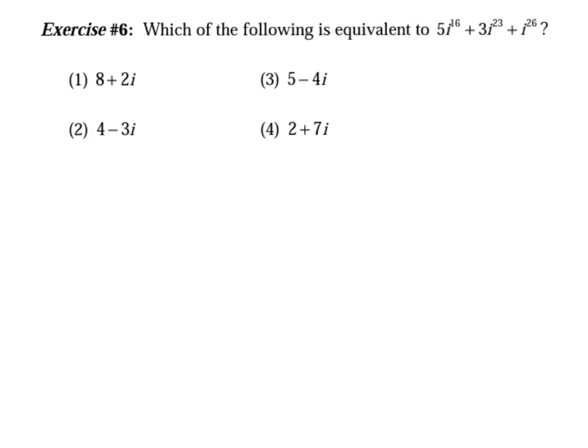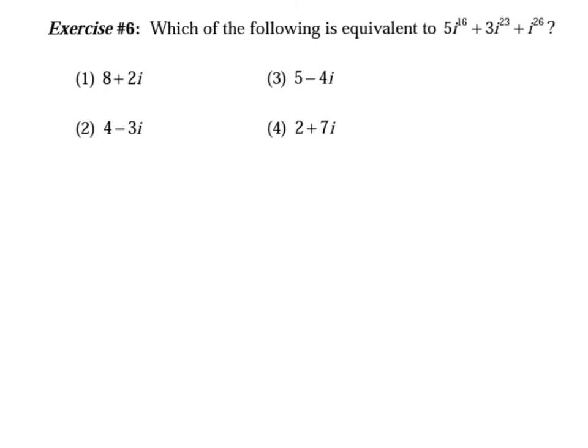All right, we're going to finish tonight with a heck of a bear here. Again, another question that could show up on our next test. They want to know which one is equivalent to 5 i to the 16th plus 3i to the 23rd plus i to the 26th. You see those plus signs? We can't add terms. We're not allowed to add terms unless they are like terms. And these are not like terms because they all possess a different exponent.